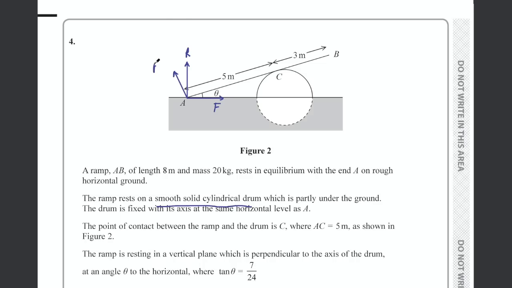So this will be r cosine of theta, and the frictional force, that would be f sine theta. If you're not sure if it's cosine theta or sine theta, try to picture where theta would be in that little triangle. Theta's here and theta's here. Okay, so we have those 2 factors.